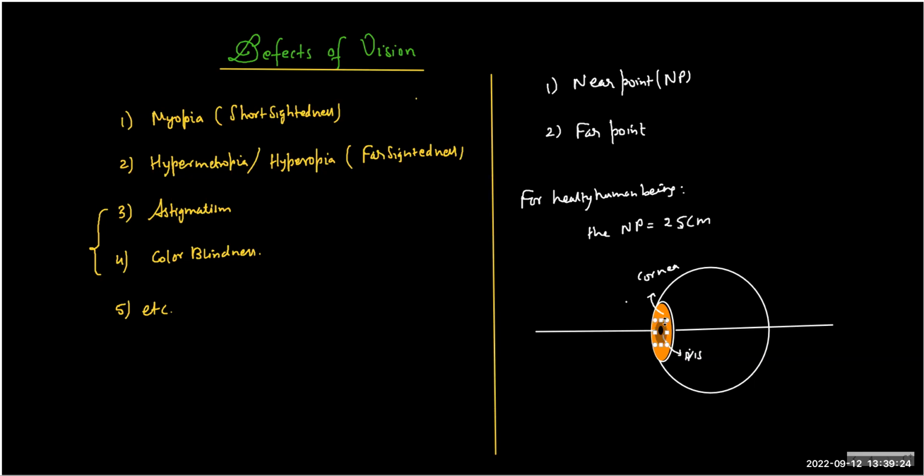There are three layers actually. So the iris is the bigger layer. What I have shown is actually the pupil.